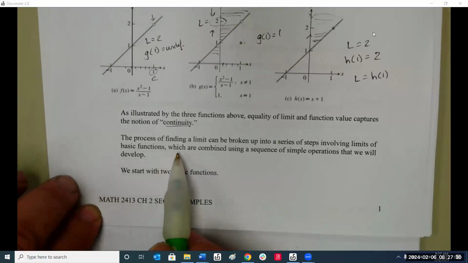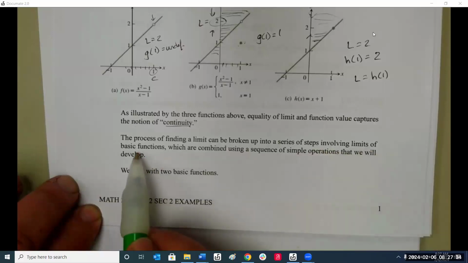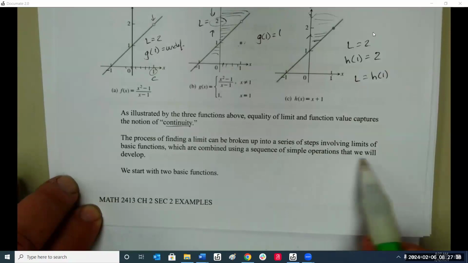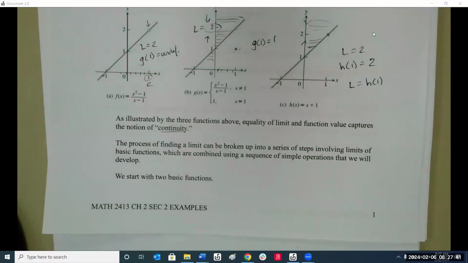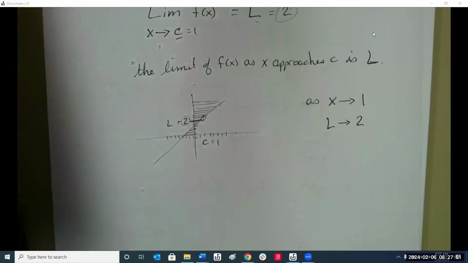The process of finding the limit can be broken up into a series of steps involving limits of basic functions, which are combined by using a sequence of simple operations that we'll develop a little bit. We start with two basic functions. These are our two basic functions.